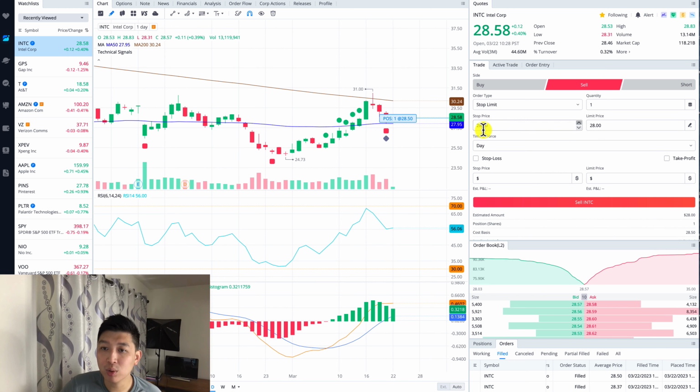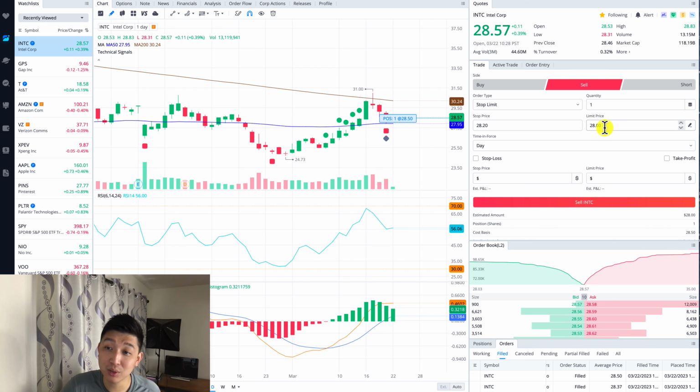Remember, my average price that I bought at is 28.50. The stop price is 28.20, which triggers it, and the lowest I'm willing to sell is $28. And if for some reason after hours it drops below, let's say $27, this order will be rendered useless.